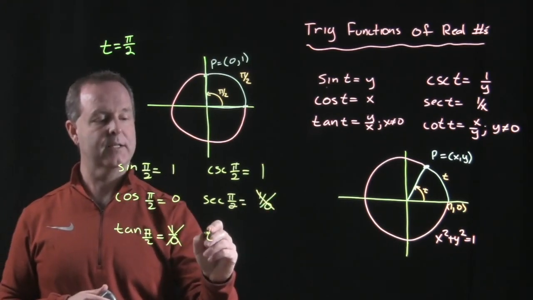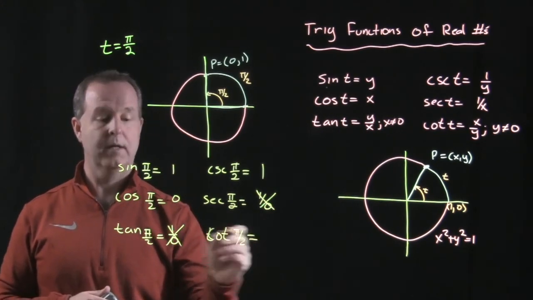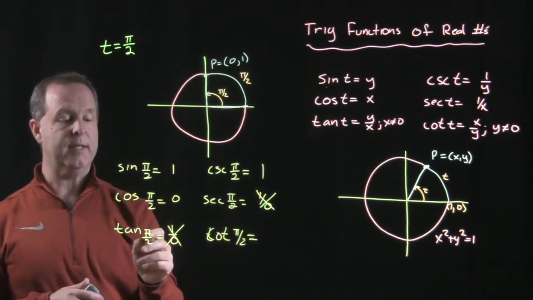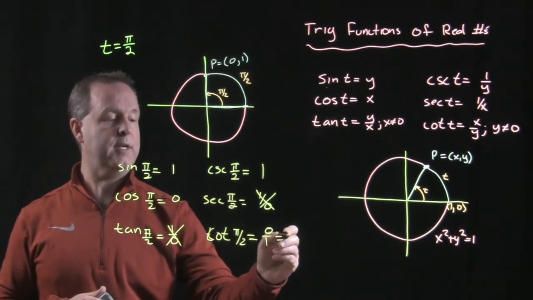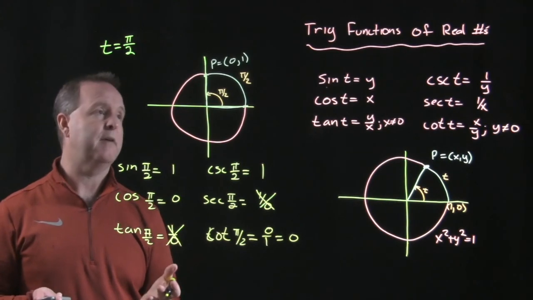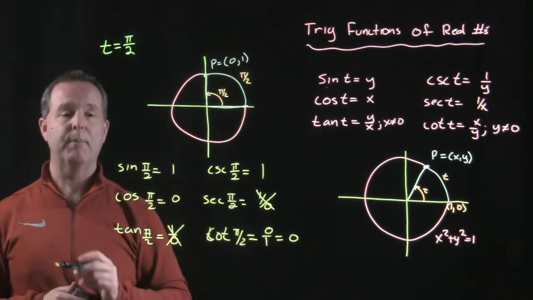And then the cotangent of pi halves, the reciprocal of the tangent, is 0 over 1, which equals 0. So there I was able to find the trig values of a real number, pi over 2.